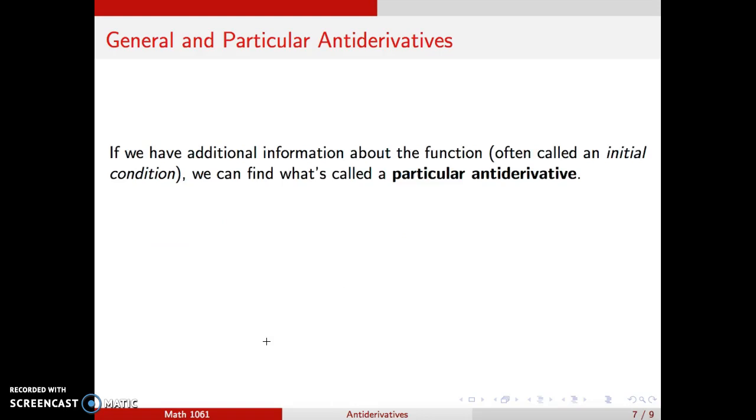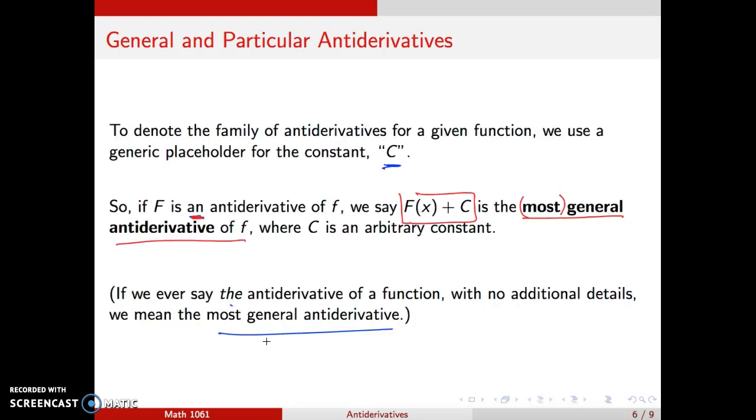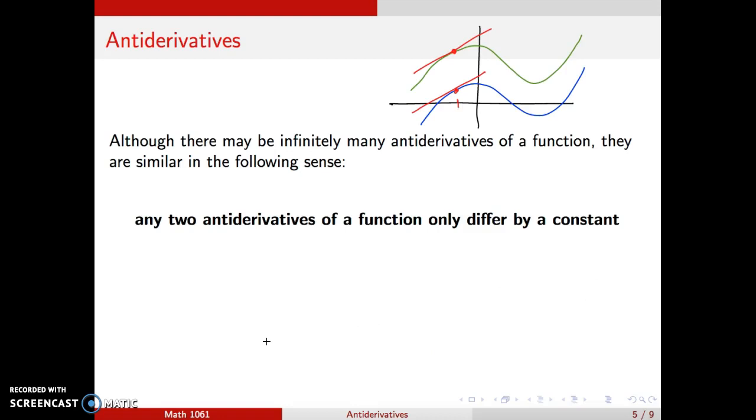On the other hand, if we have some additional information about the function, maybe we know that at 1 the function equals 16, then we can narrow it down. Instead of having all these possible antiderivatives differing by a constant, we can figure out which one it is exactly. If you jump back to the little sketch I had here, all these possible antiderivatives would be shifts up of this curve.